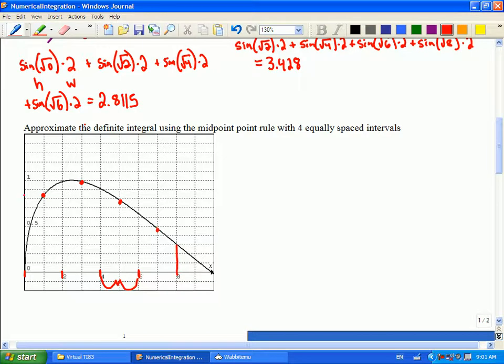So the rectangles will look like this when I draw them. And the only difference is I have to adjust the way my picture looks, but the process is going to be the same. Each one of these has a width of 2.